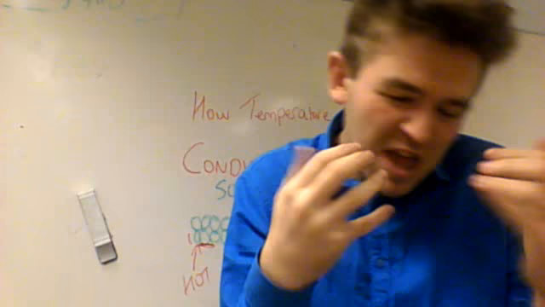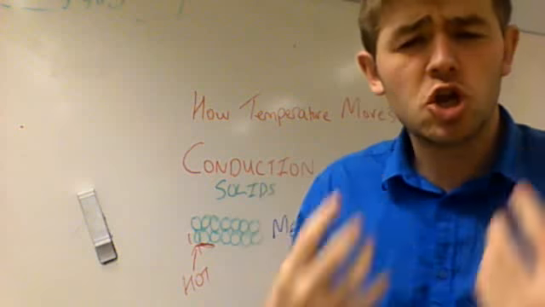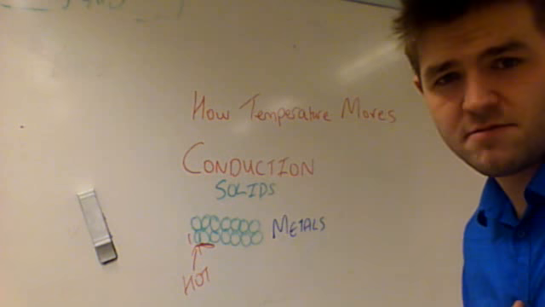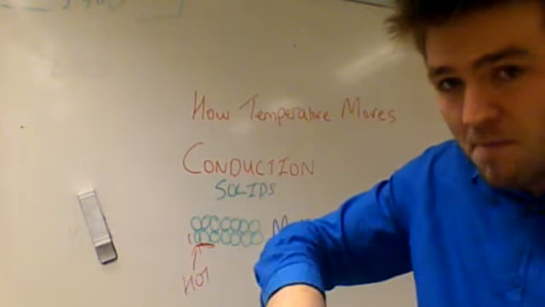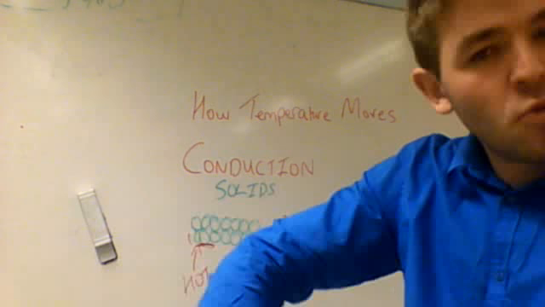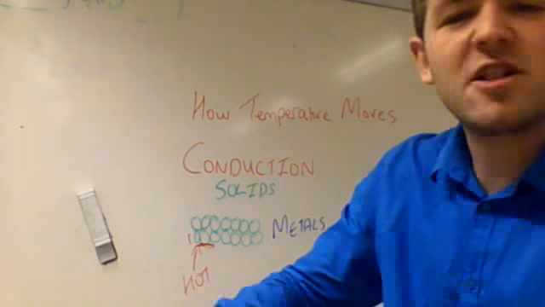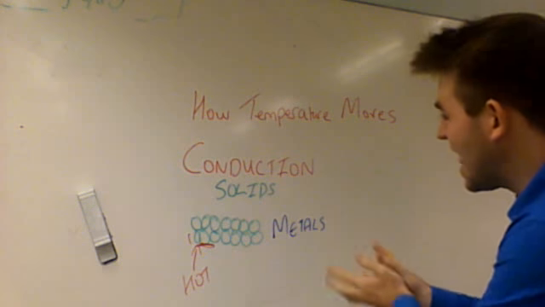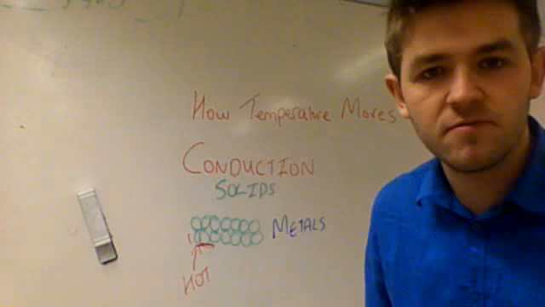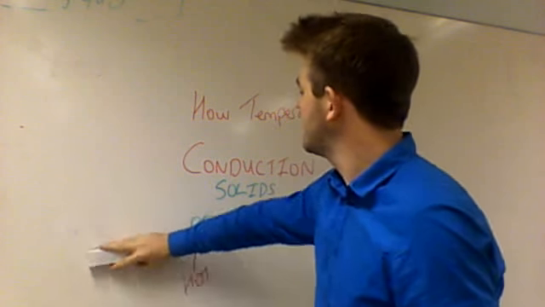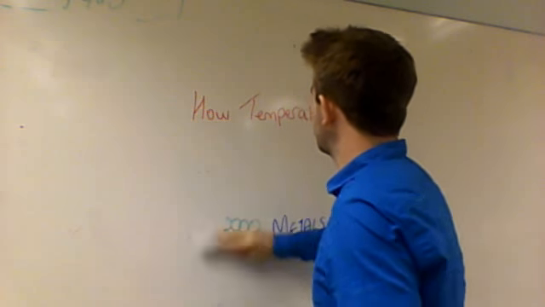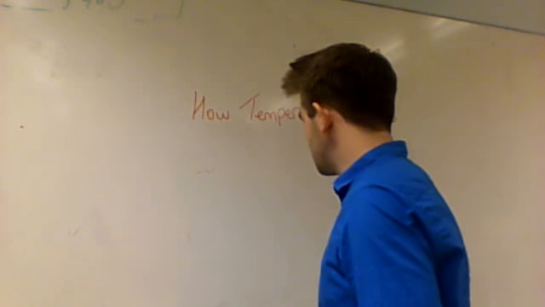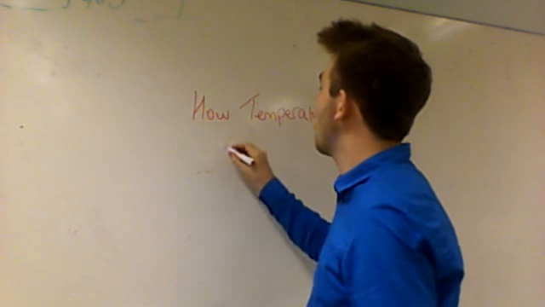Metals usually are closer together, the energy can move easier between them. Conduction works very quick in metals. That's why if you put metal in a very hot water, the metal spoon or whatever it is gets hot very quickly. That's conduction. There's another thing about how energy moves, and that's going to be called convection.